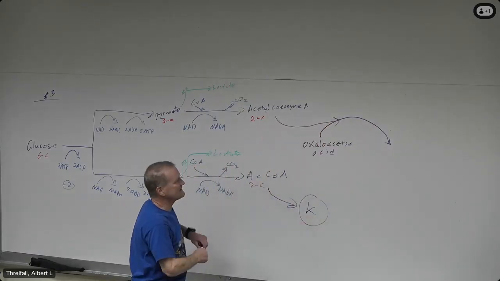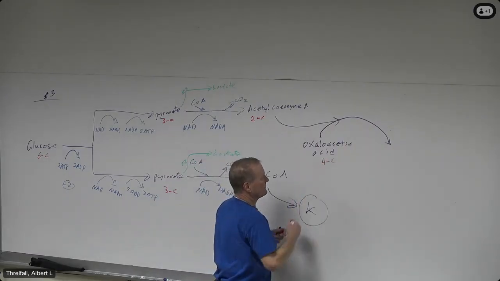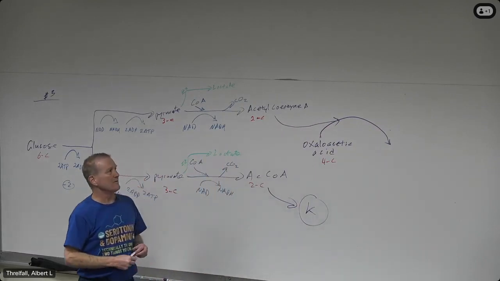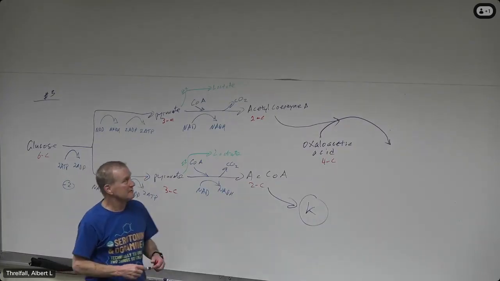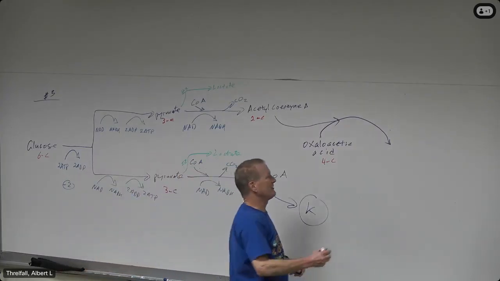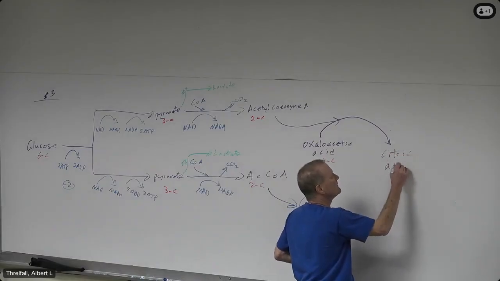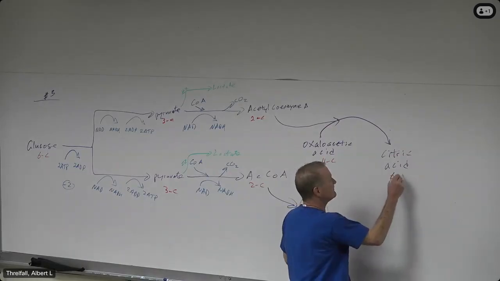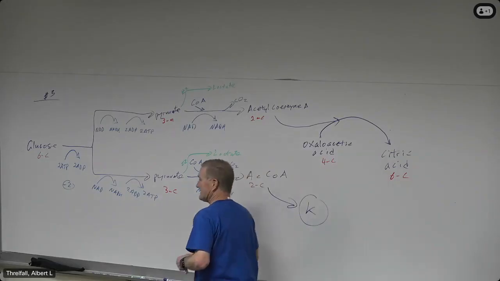Now, oxaloacetic acid is a 4-carbon molecule. So if we connect a 4-carbon molecule and a 2-carbon molecule, what do we get? Correct, we get a 6-carbon molecule. That is citric acid. And that's why the Krebs cycle is also called the citric acid cycle.